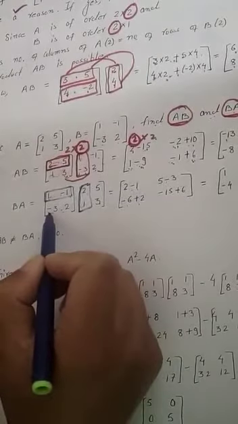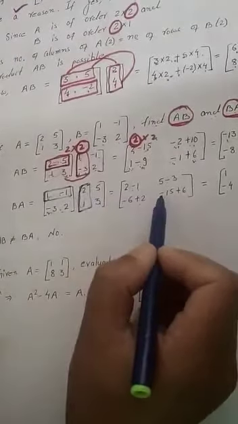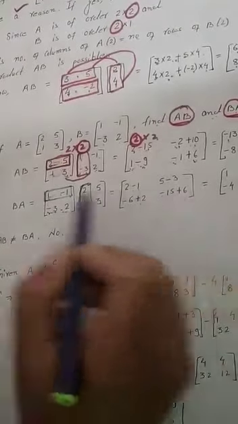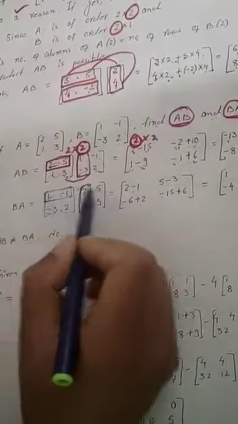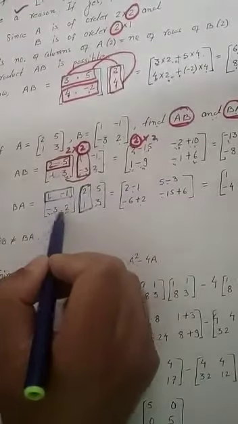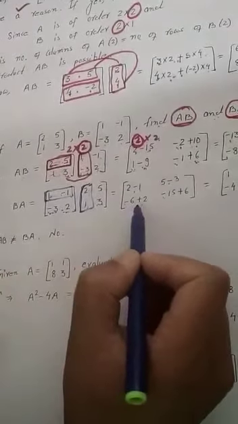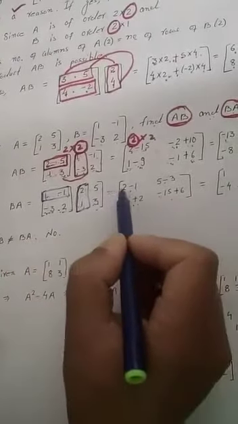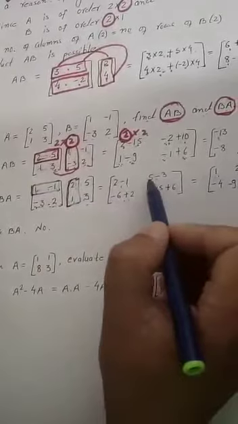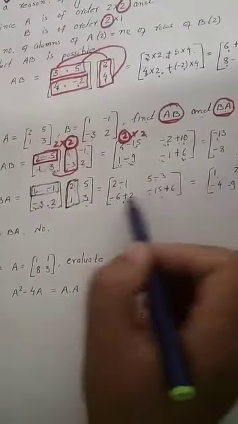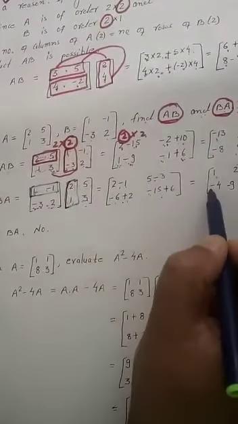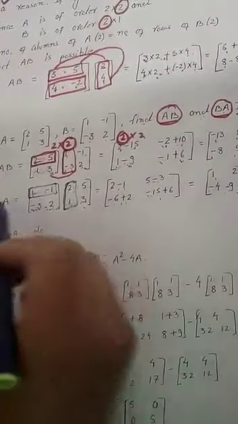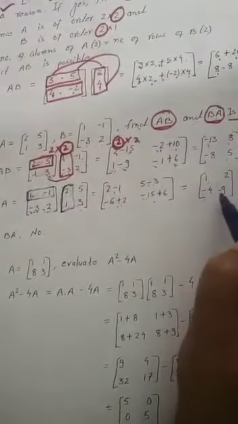Now 3 5 is a 15, and 3 2 is 6. So 2 minus 1 is 1, 5 minus 3 is 2, minus 6 plus 2 is minus 4, minus 15 plus 6 is minus 9. So BA is [1, 2; -4, -9].